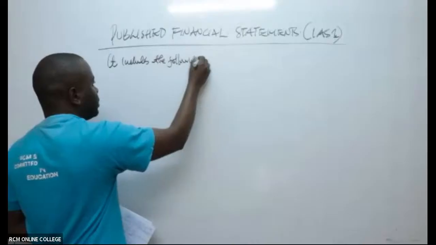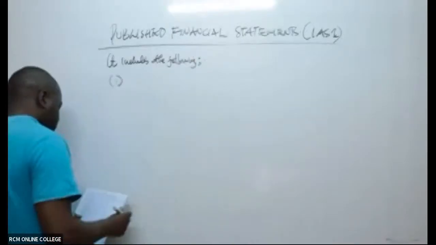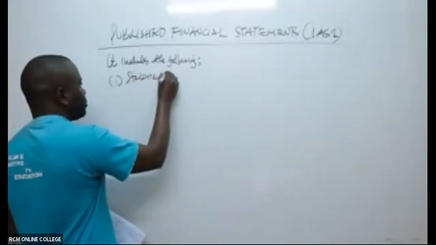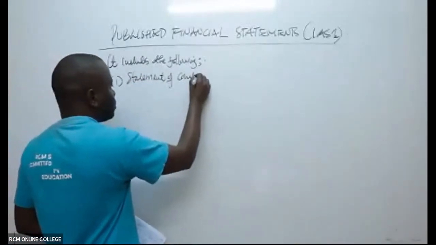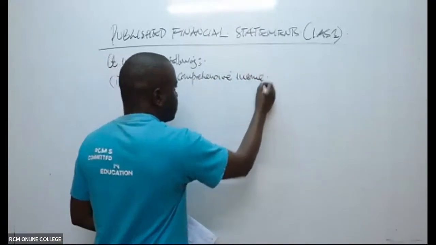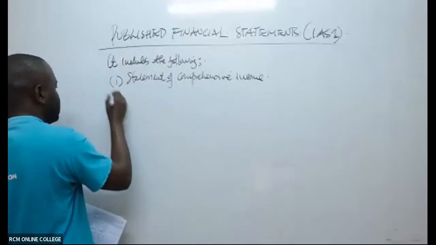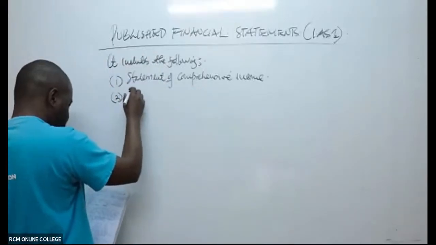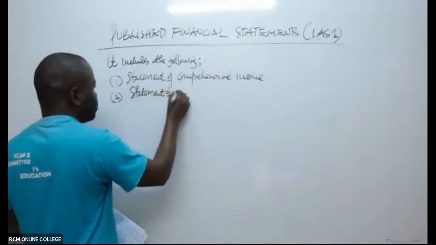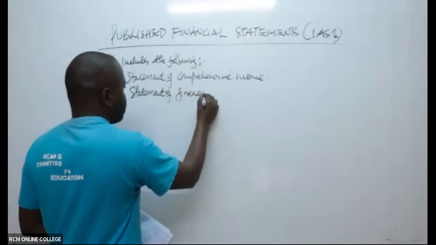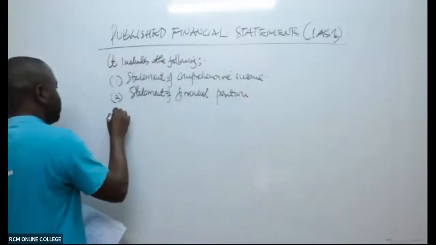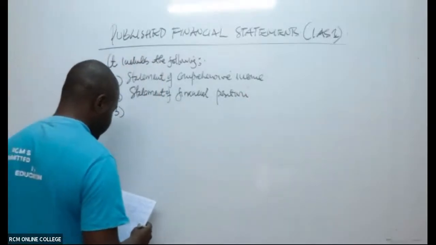So number one, we have the statement of comprehensive income. Number two, we have the statement of financial position. Number three, statement of changes in equity.